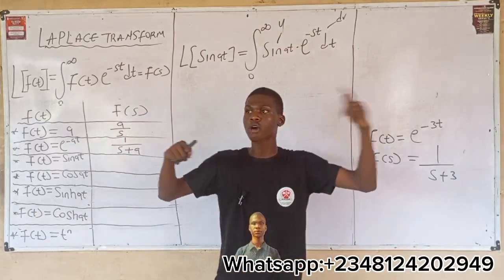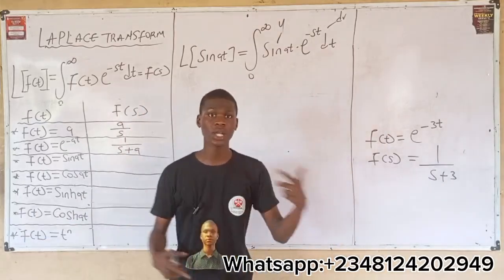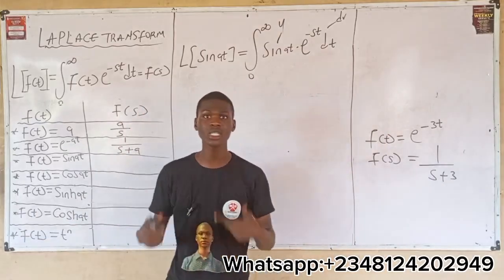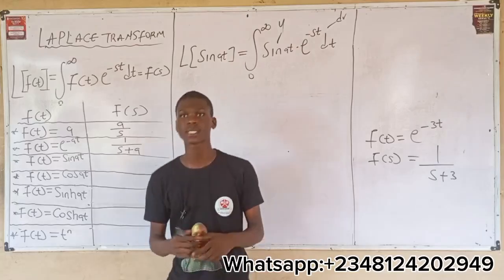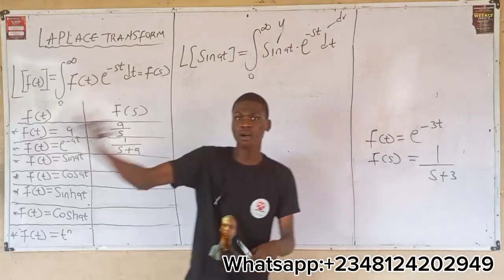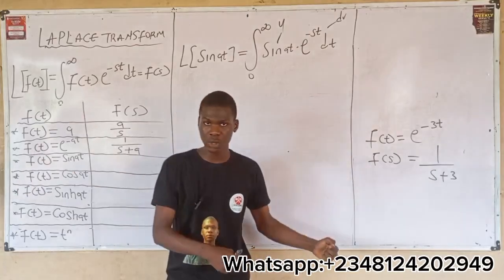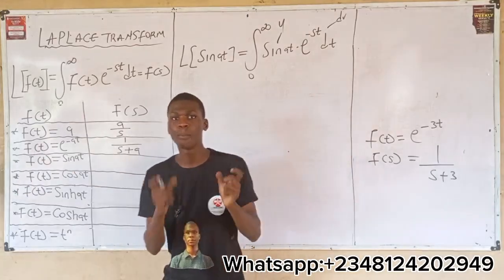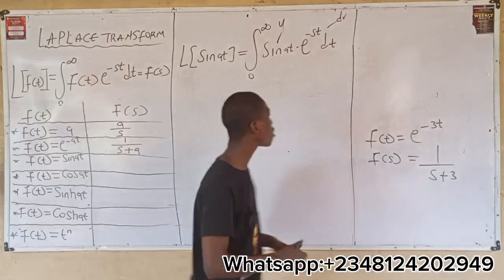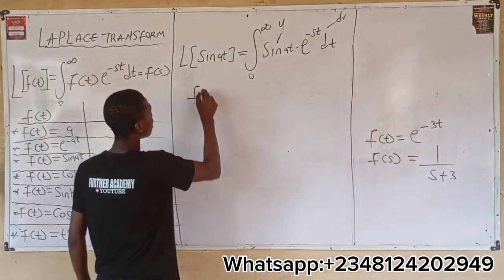Go back to complex numbers. We did complex numbers during our 100 level days. We said we have complex numbers in the rectangular form and also in the polar form. What we'll be using here is the idea of complex numbers in polar form.